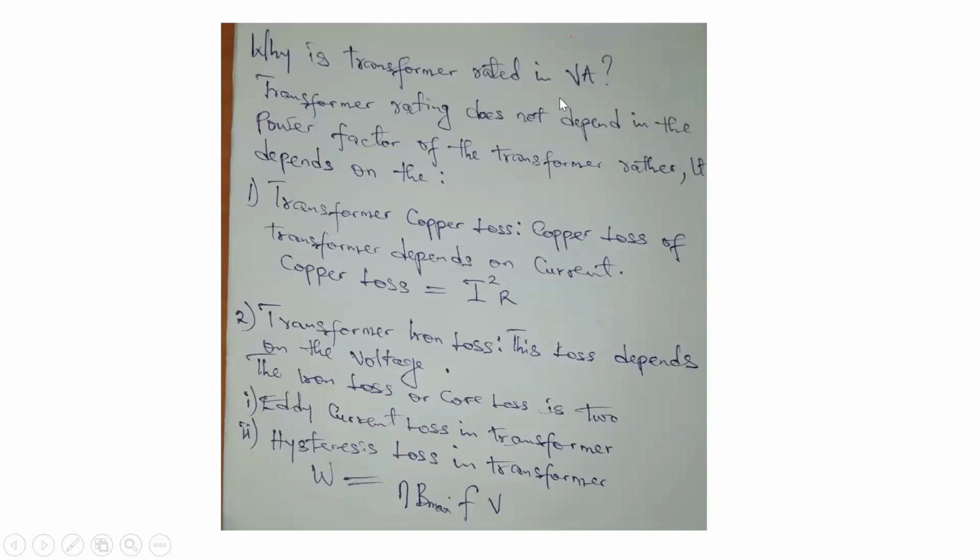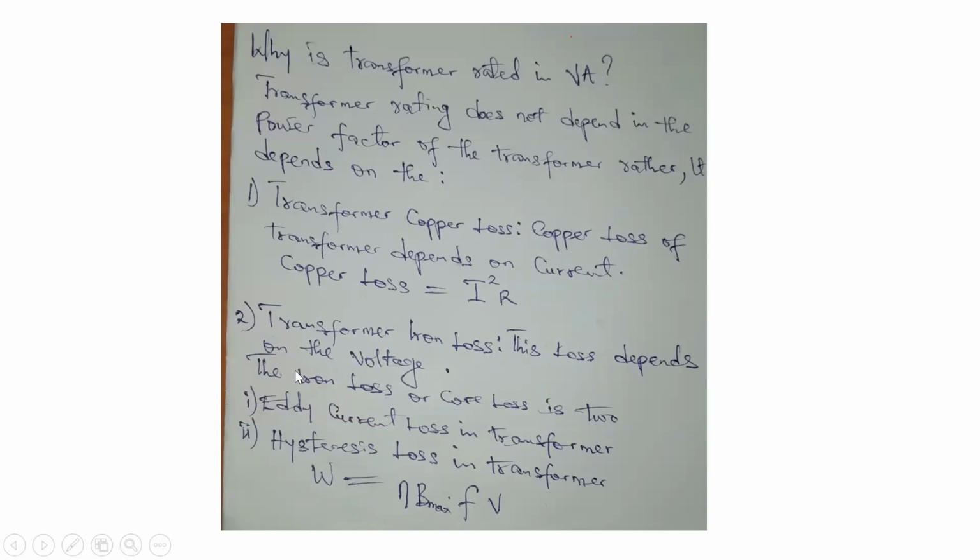Why is a transformer rated in volt-ampere? Transformer rating does not depend on the power factor of the transformer. Rather, it depends on, one, the transformer copper loss and the transformer iron core loss. The copper loss of a transformer depends on the current, and this is the formula for transformer copper loss, I squared R. Then the transformer core loss depends on the voltage.